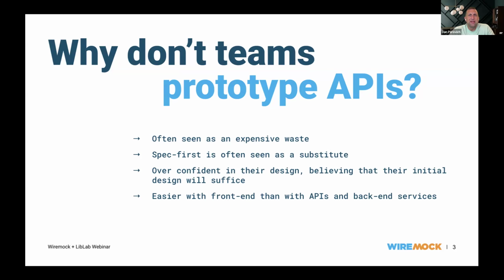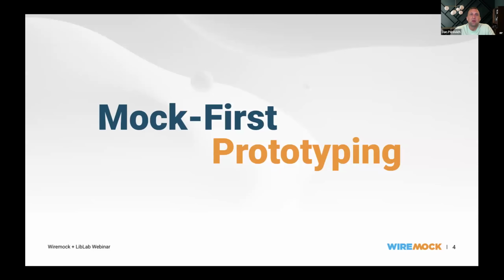Front end teams might do more of this prototyping because it enables them to get going faster and not wait on the producer to deliver. But in a true microservices world where we have APIs calling APIs, we still see a lot of this prototyping not happening. So that's where we come up with the approach of mock first prototyping.